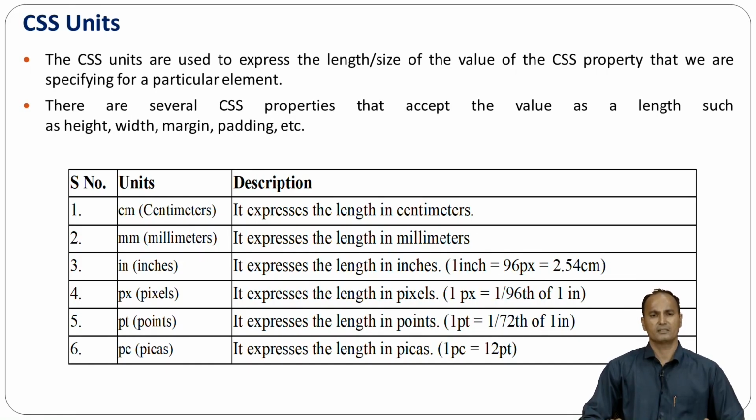We can see various units are available. One is centimeters, which expresses the length in centimeters. Millimeters is specified by mm, inch is specified by in, pixels are specified by px, points are specified by pt, and picas are specified by pc.